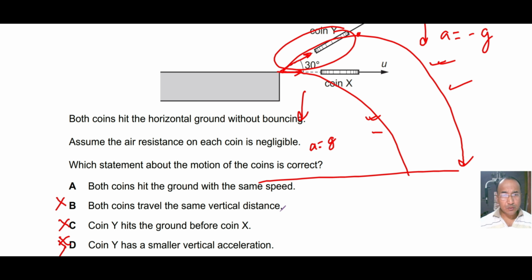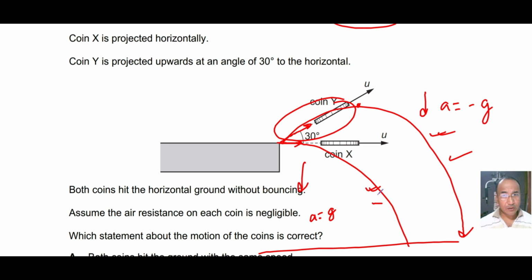If I go through the calculations of velocities, it will take a long time. So let us do it in terms of conservation of energy. In the beginning, since the speeds are the same, KE initial is equal for both. And since they are at the same height, the potential energy initial is also equal for both.